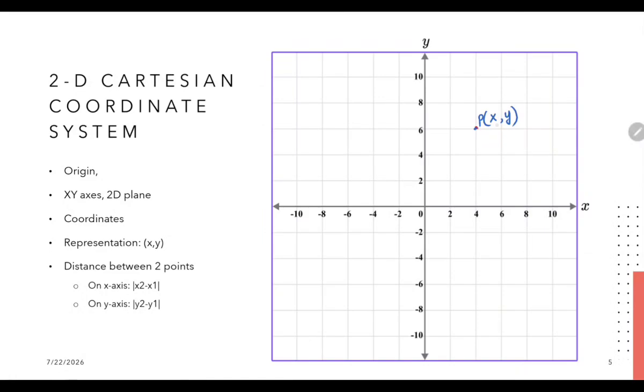Now let us imagine a point P of x comma y. This is how we represent a point. The x is the x coordinate and y is the y coordinate. Now we will project this point onto the x axis and y axis.